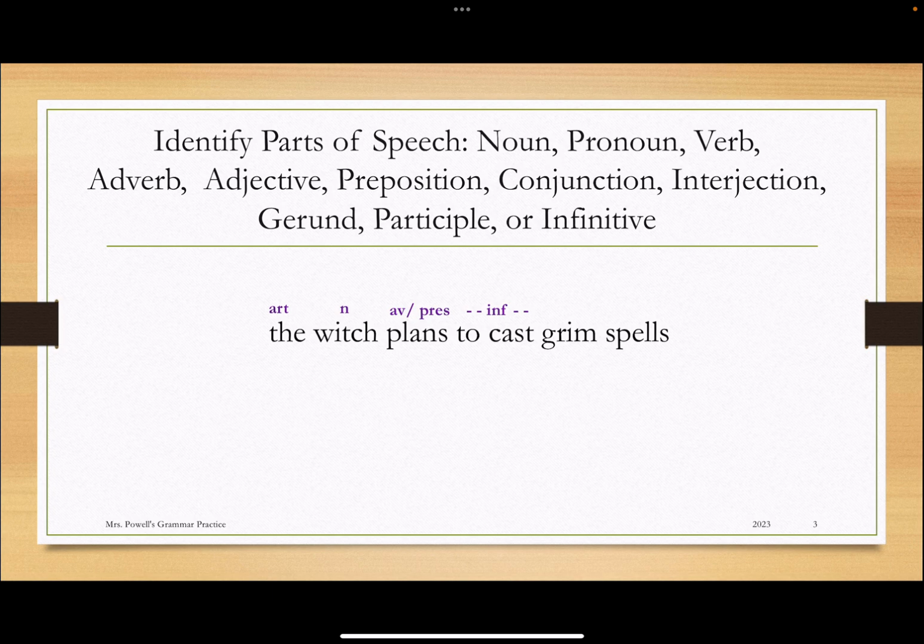Something that we have not identified within sentences yet is infinitives. So in this instance, to is not going to act as a preposition. In this instance, to is part of an infinitive. Your infinitive is to cast. To identify what an infinitive is, remember the formula: to plus a verb.